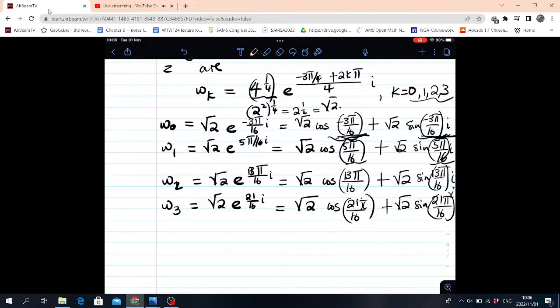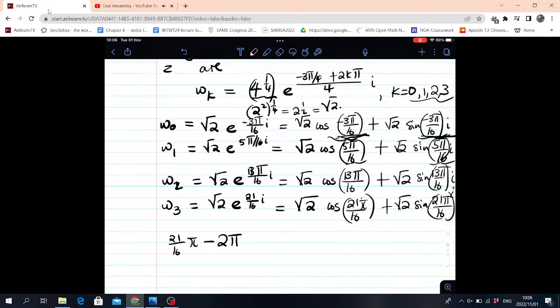So Caitlin says, but 21 pi over 16 is greater than pi. That is correct, so we need to adjust that. We have to subtract 2 pi to be able to get the right complex number. So 21 over 16 pi is too big, and so we want to adjust it.